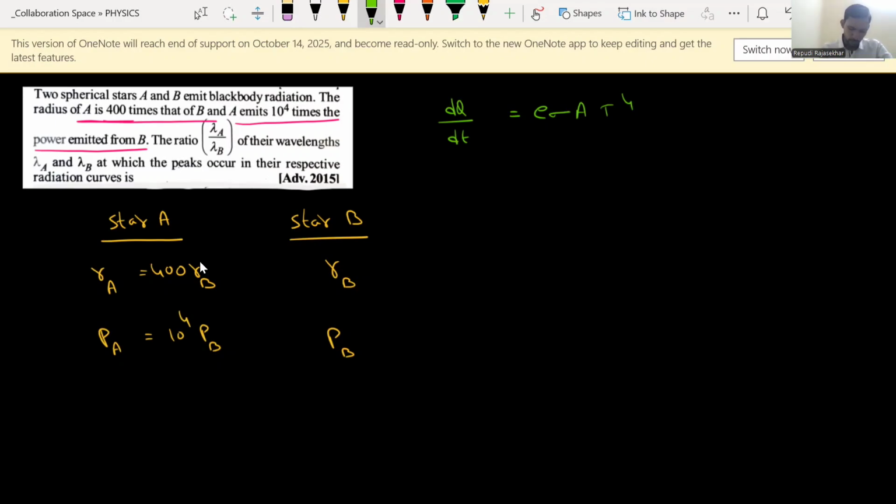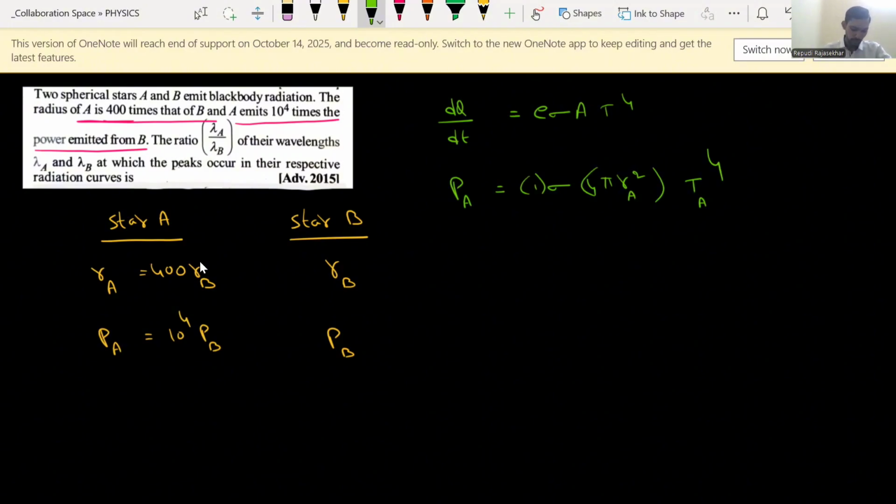Now dQ/dt is energy by time, which is power. So the power of star A equals, for a black body, the small e value 1, sigma is a constant, and A is the area. It is a spherical object, so the area is 4 pi rA square, into temperature of A power 4.